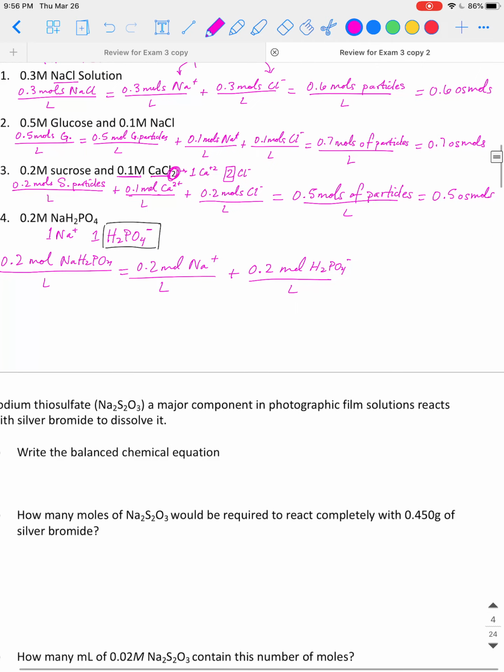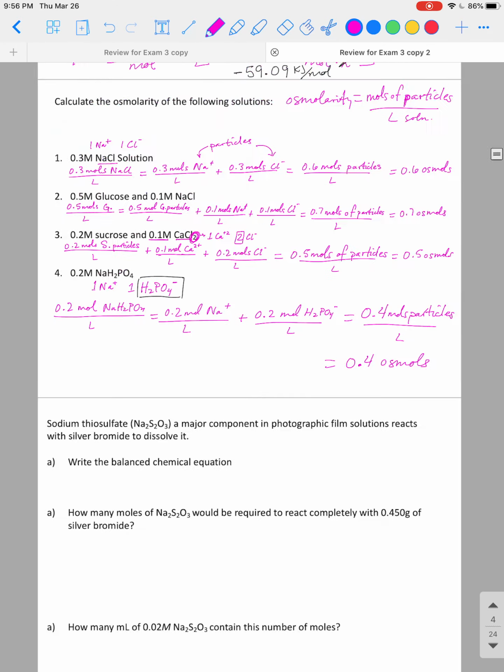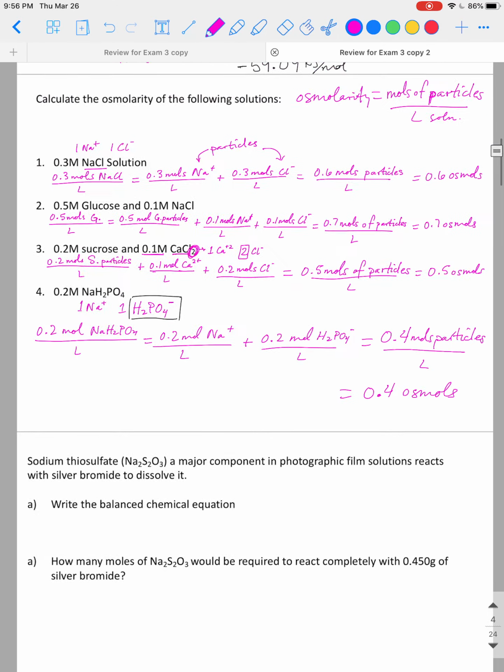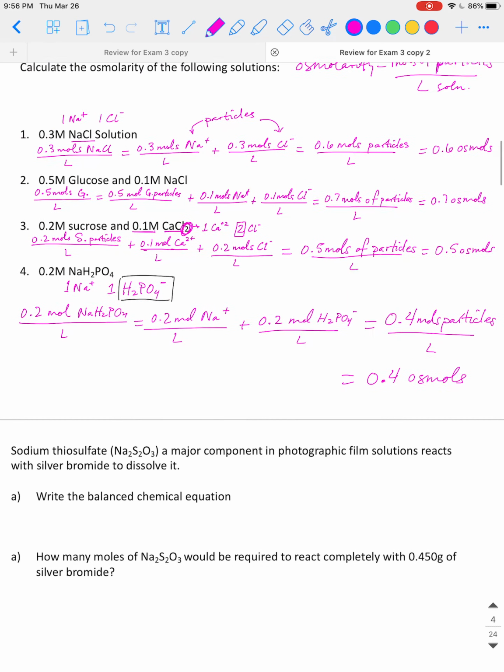Now we just add those up. So total that equals 0.4 moles of particles per liter, which is 0.4 osmoles. Okay, so that was quite a bit, but that was some practice calculating osmolarity for exam 3.